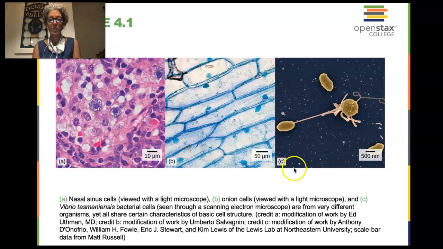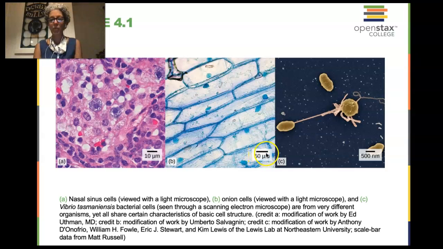And in image C, we do have prokaryotic cells. Vibrio tasmaniensis. This is why it's to your benefit that I can't hear you pronounce them. I still struggle. It is a scanning electron microscope, much higher magnification, because once again, this bar is about the same length.